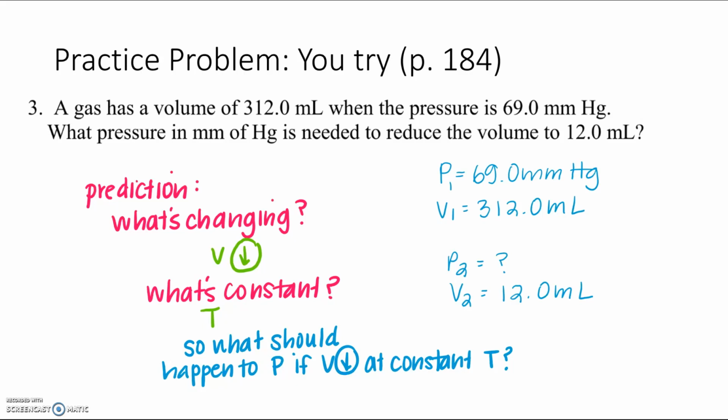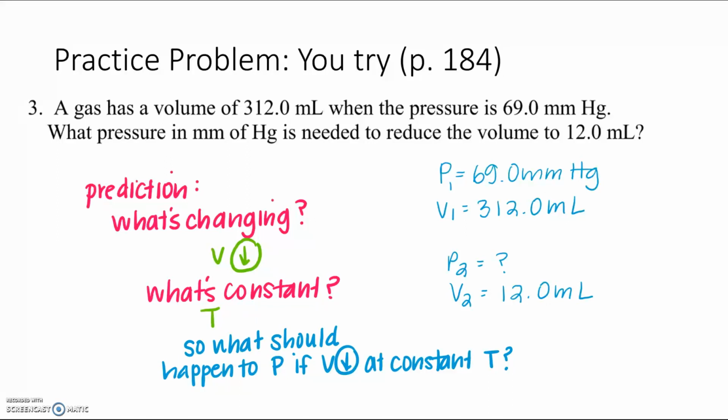And so if the volume goes down, remember that's the size of the room, but temperature stays constant, so gas particles are moving at the same speed, what should happen to pressure? So one more time. We are the gas particles. The room is getting smaller, but we are moving at the same speed as we walk through the room.